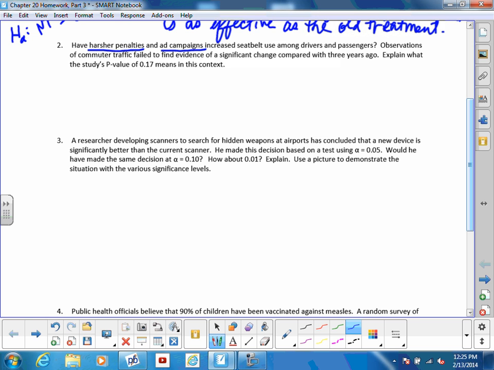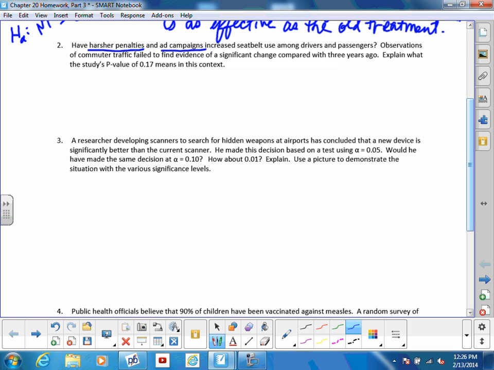So what is your job as a statistician? You are collecting data, and your job as a statistician is to compare what? They're talking about seatbelt use now and seatbelt use 3 years ago. So the comparison you're going to be making is probably the proportion of people that you see among the drivers and passengers wearing their seatbelt or not.